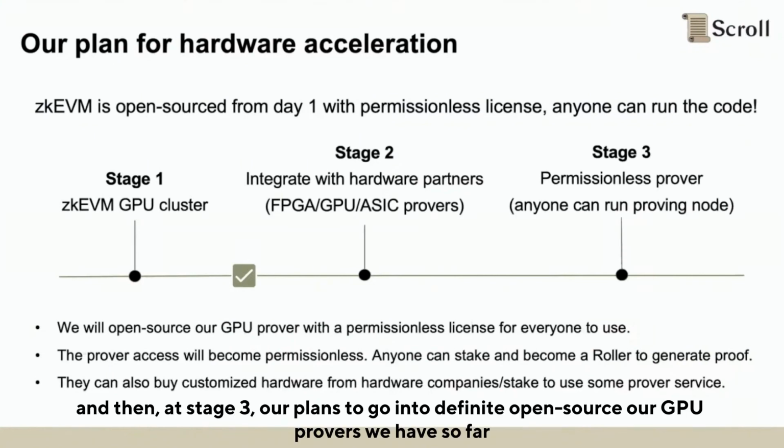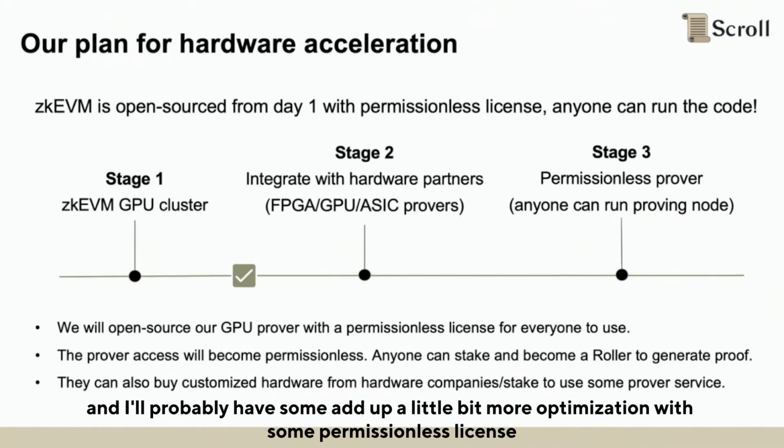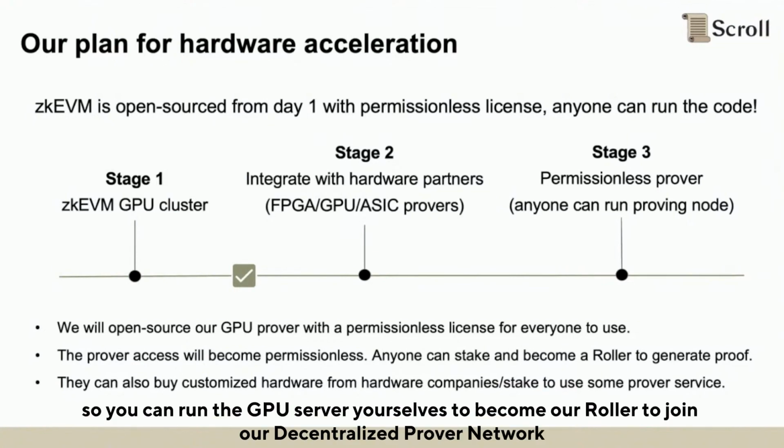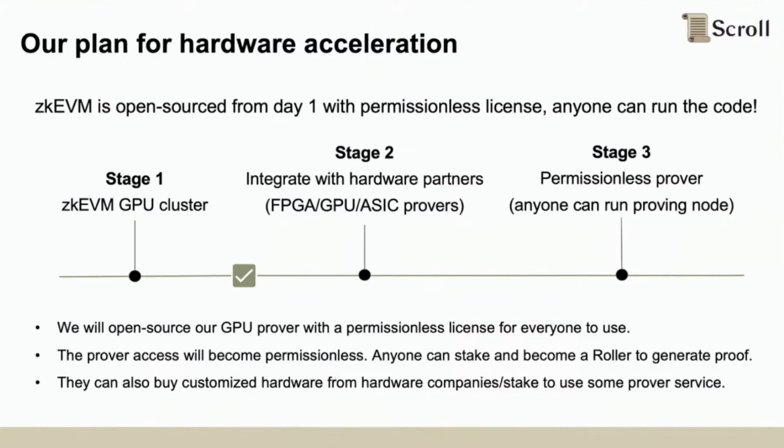And then at stage 3, our plan is to open source the GPU provers we have so far, probably with a few more optimizations added, under a permissionless license so that everyone can use them as a baseline. You can run a GPU server yourself to become a prover, a roller, and join our decentralized network.